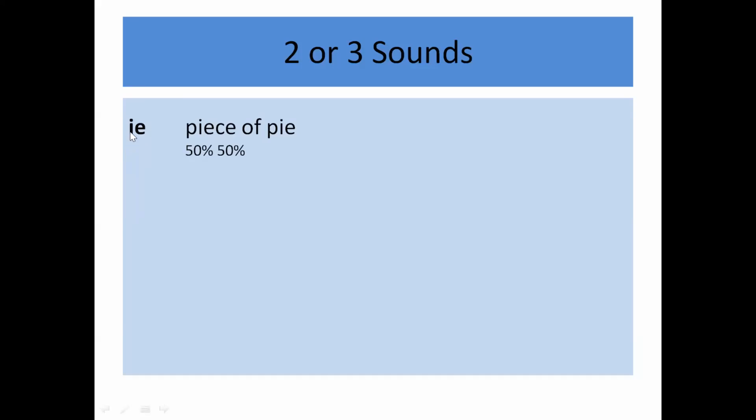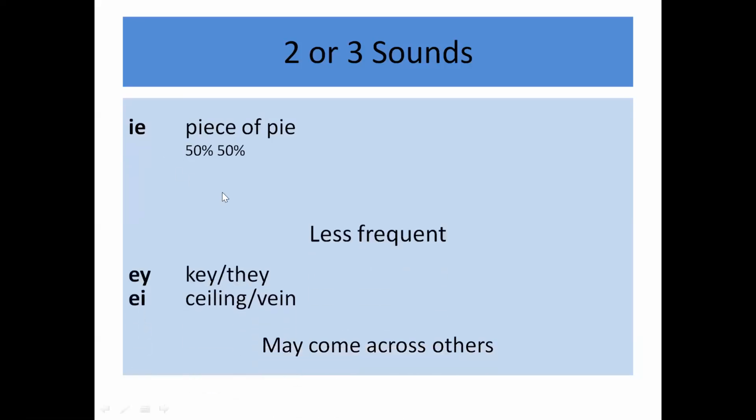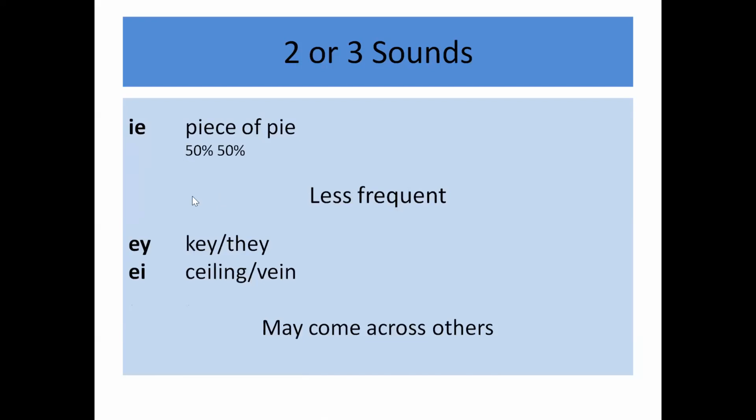I sometimes just sort of say, sometimes you have to say the name of that letter, I, or it's saying the name of that letter, E. And again, some less frequent ones, EY says E, like in key, and A, like in they, and EI says E, like in ceiling, and A, like in vein.